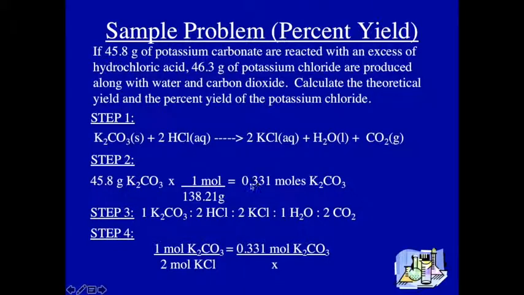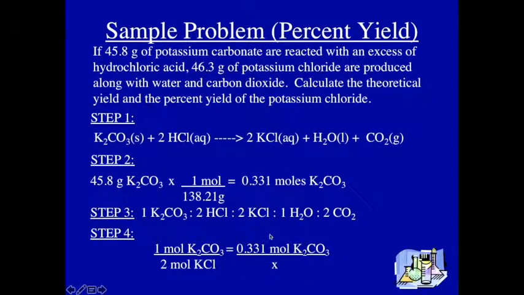But what I need to worry about here is 1 potassium carbonate to 2 moles of hydrochloric acid to 2 moles of potassium chloride to 1 mole of water to 1 mole of carbon dioxide. Now, what we need to focus on is potassium chloride because that is our other known value. We want to calculate the theoretical yield of potassium chloride in order to then find out what our percent yield actually happens to be.